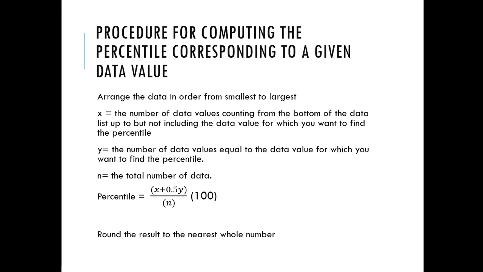I'll show you in a minute. It's X plus 0.5, which is a standard, times Y. Y is the number of data values equal to the data value which you are given to find the percentile. Again, I'll show you that in a second. And N is the total number of data. This is the formula, and then you round your results to the nearest number.